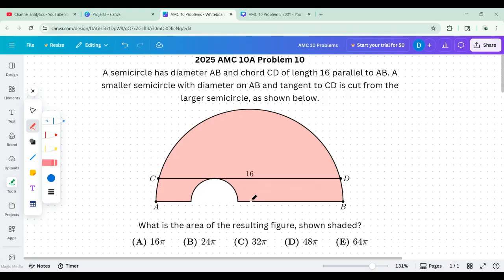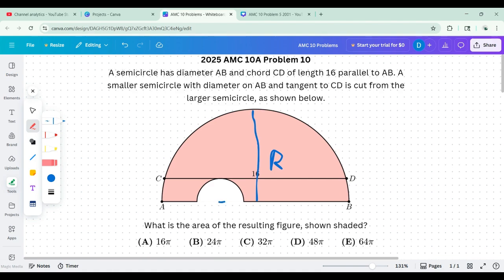Okay, so to solve this geometry problem, in fact, we need a little bit of algebra. And we can set the radius of the larger semicircle as capital R. We can set the radius of the smaller semicircle as lowercase r.